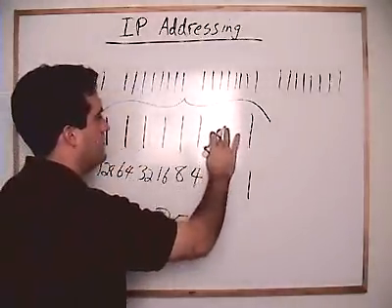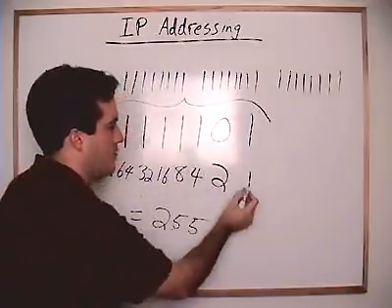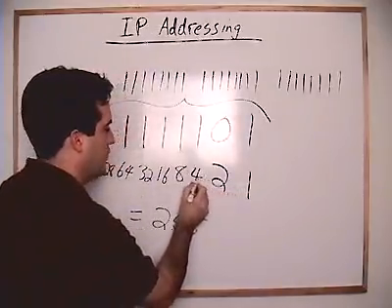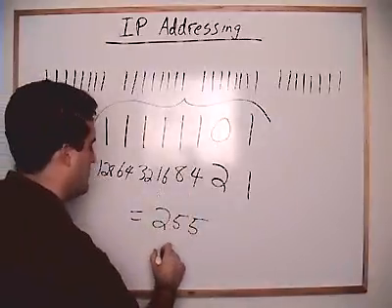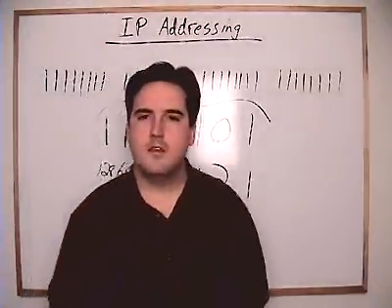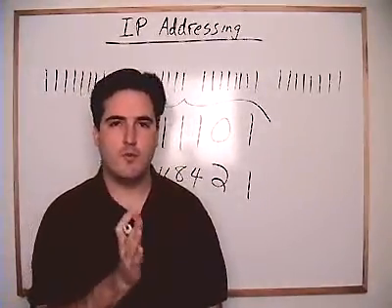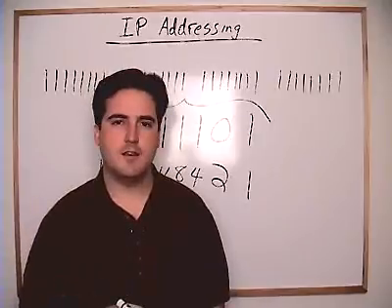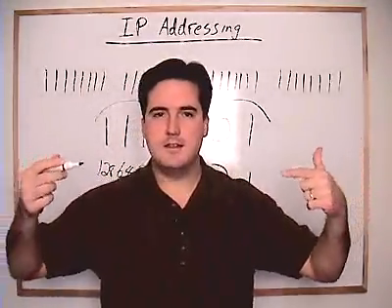Just make one of these bits a 0. And now we add 1 plus 4 plus 8 plus 16 plus 32 plus 64 plus 128, and we get 253. So wherever you have a 0, disregard that bit. Wherever you have a 1, add that decimal value. So that's how you convert from binary down to decimal.